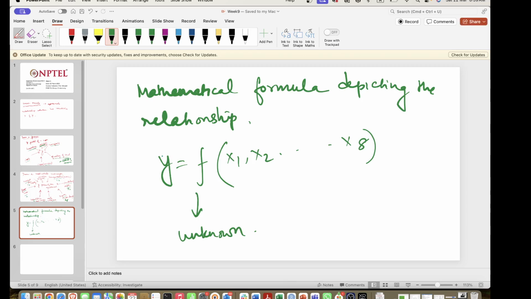Whenever I am depicting the relationship in this manner, such that we have some variables which have some influence on my variable of interest via some mathematical form, we are trying to model and find out what the mathematical form is.